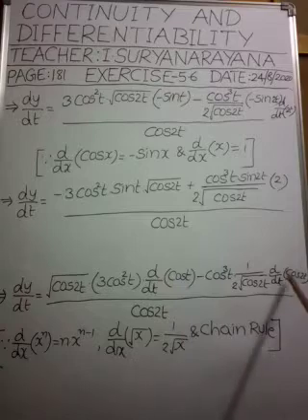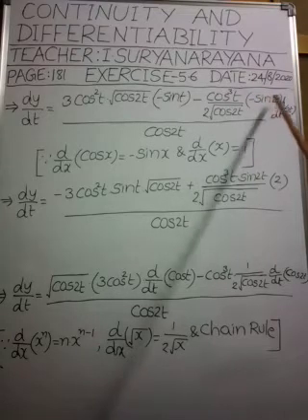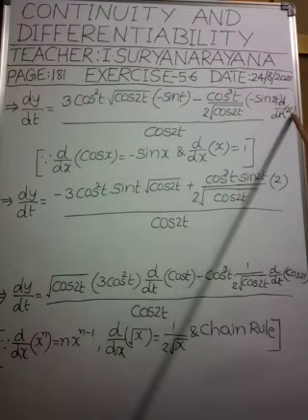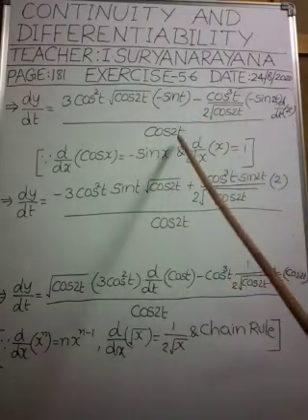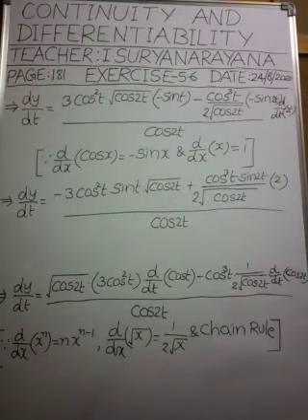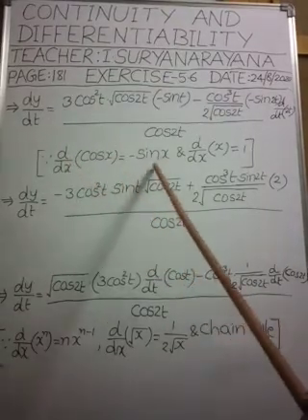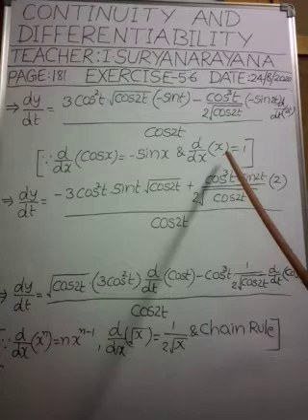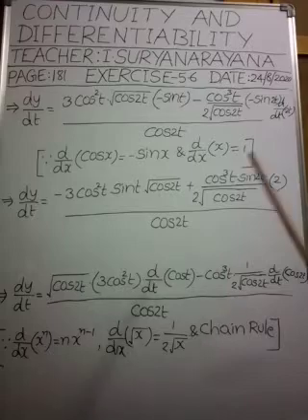What is the formula? d by dx of cos x. You have to assume 2t as x in your mind. So minus sin 2t into d by dt of 2t. Understood this part, my children? Right. Whole divided by cos 2t. In this step we used d by dx of cos x is equal to minus sin x, and d by dx of x is equal to 1, and chain rule. Okay, my children?